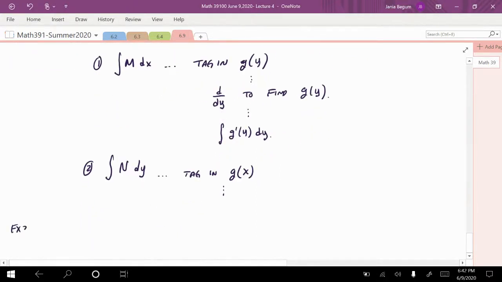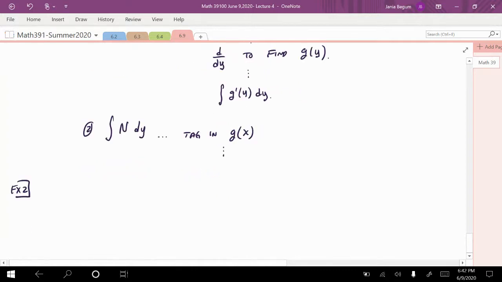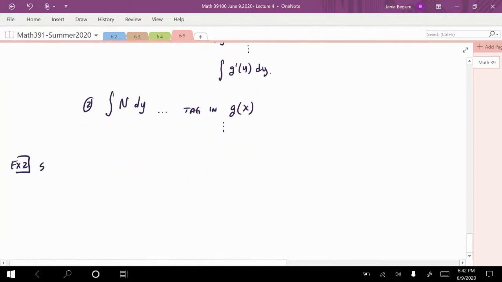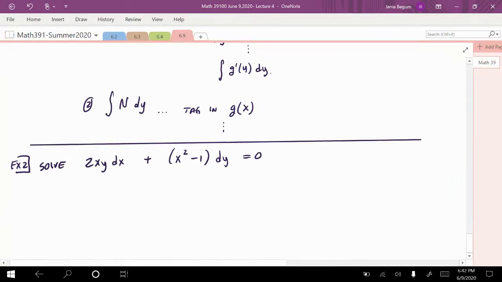So here's another example. Let me know if you guys have questions. So let's solve the differential equation 2xy dx plus (x squared minus 1) dy equals 0. Okay. So I want to show that the mixed partials are equal.